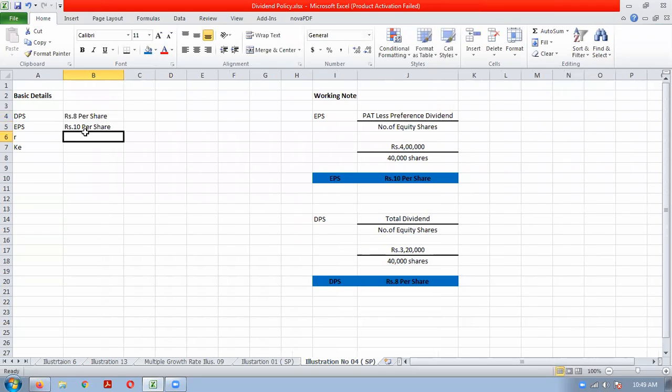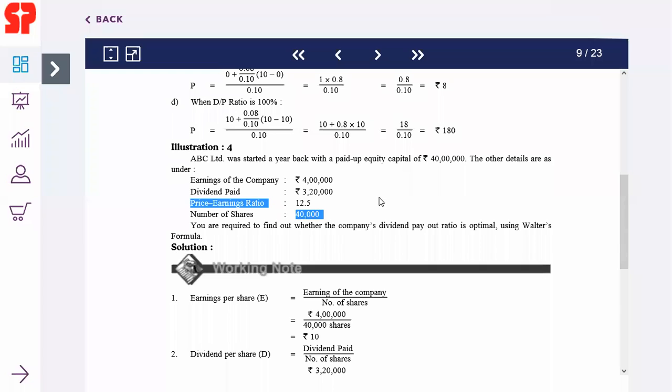Okay. Now what thing is left? R and KE. Anybody can tell me what will be the R, rate of return? How you will calculate rate of return?